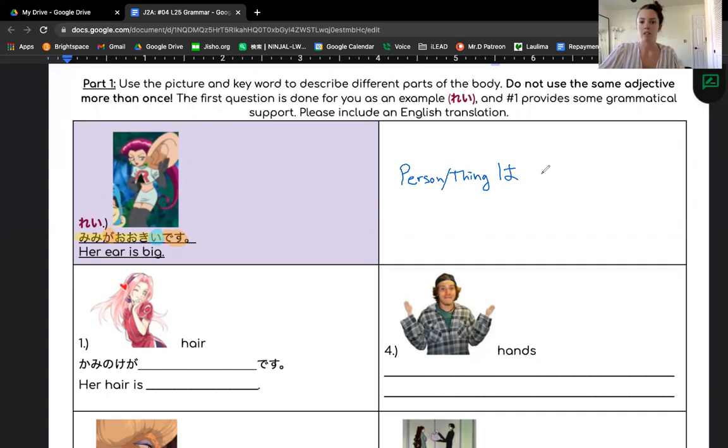And then whatever we're describing, like body part in this case, that will be paired with particle ga. And then you're going to include your adjective here. And then, of course, end in desu.